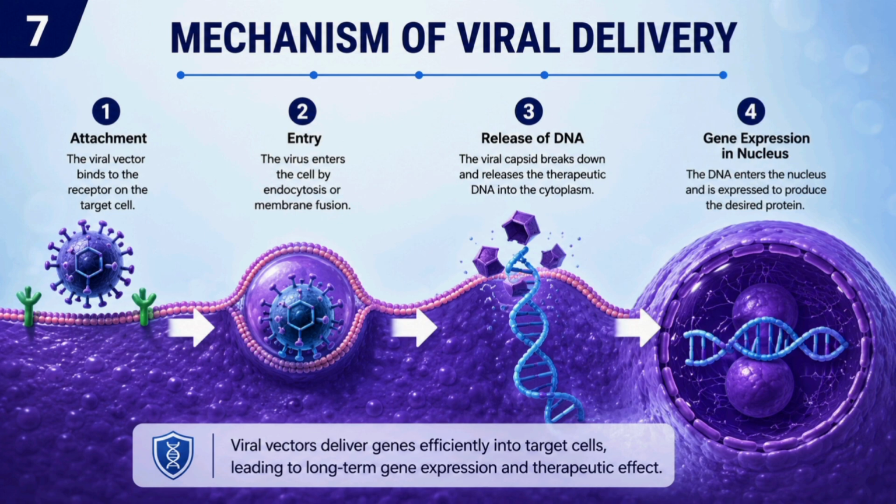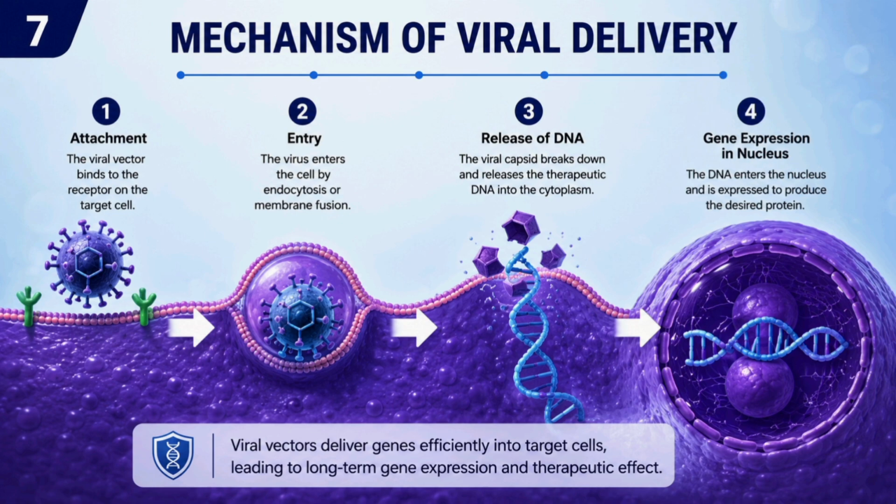And the third one is the release of the therapeutic DNA. Inside the cell, the virus releases the healthy DNA. The virus has completed its job. And the fourth step is gene expression. The DNA enters the nucleus and the cell reads the new genetic information and starts producing the required protein. As a result, the defective gene is corrected and the normal cell function is restored.